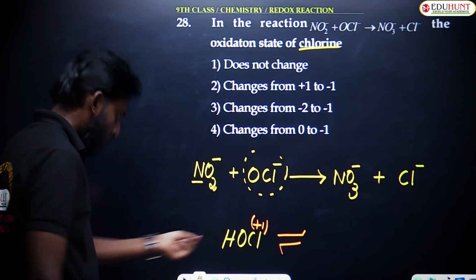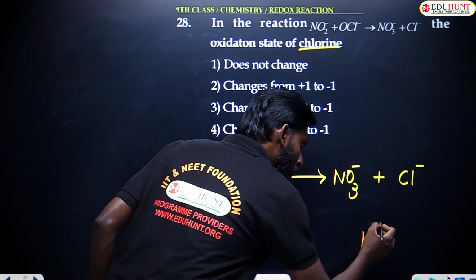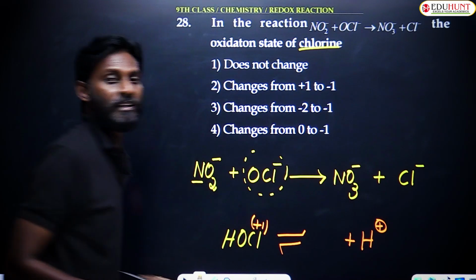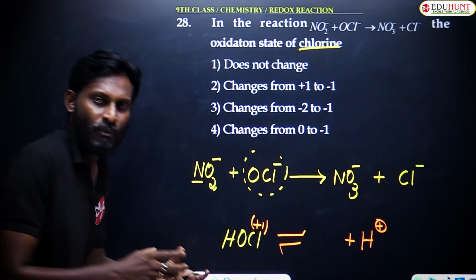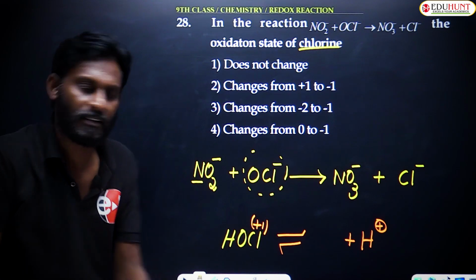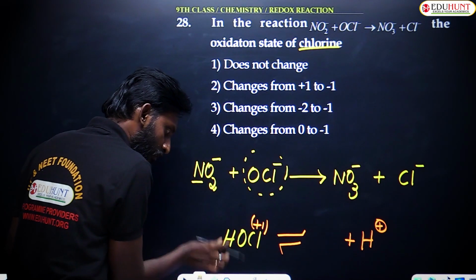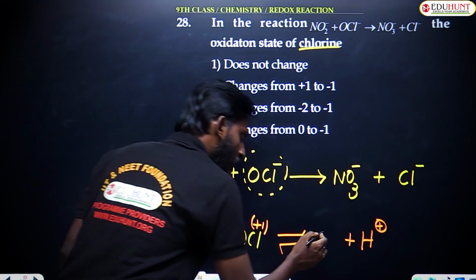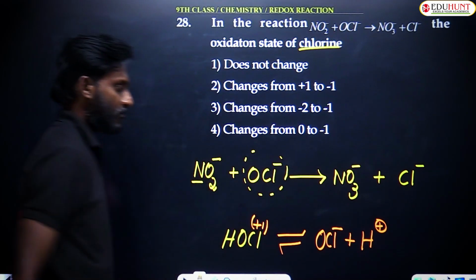You remove H plus. Now what are you left with? When you remove a positive part from anything, you are left with the negative part. So when you release this H as H plus, you are left with OCl negative.